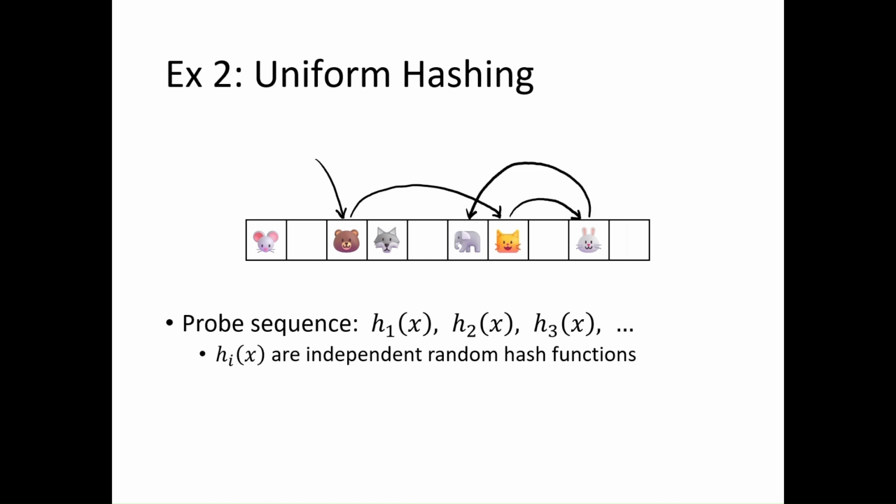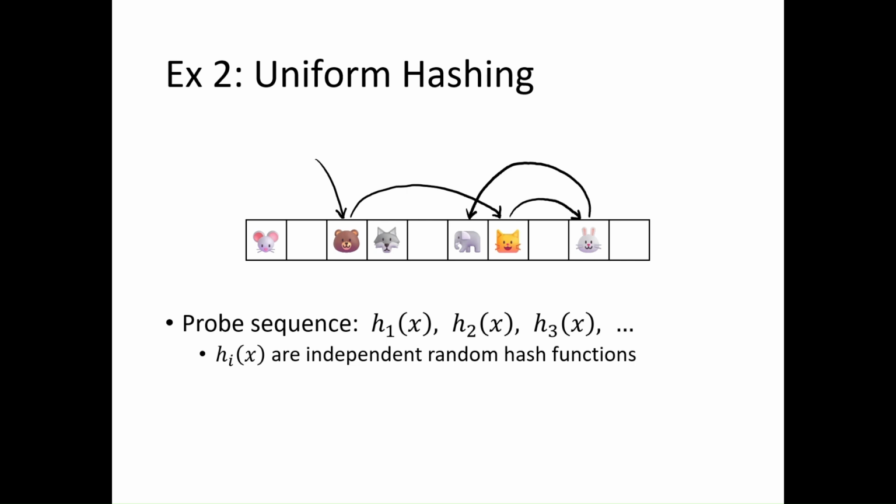Our second example is uniform hashing, which, instead of going to h of x plus 1 and plus 2, uses a sequence of independent hash functions h1, h2, etc. to map x to different locations. When we query a key x in uniform hashing, it will first probe h1 of x, which is a random location, and then h2 of x, which is an independently random location, and so on.